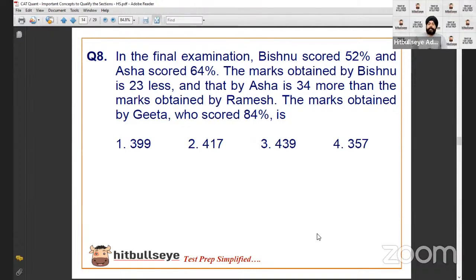Vishnu scored 52%, Asha scored 64%. Vishnu's marks are 23 less, and Asha's are 34 more than the marks obtained by Ramesh, a third person. So the marks obtained by Geeta, a fourth person who scored 84%, will be how much in absolute terms?